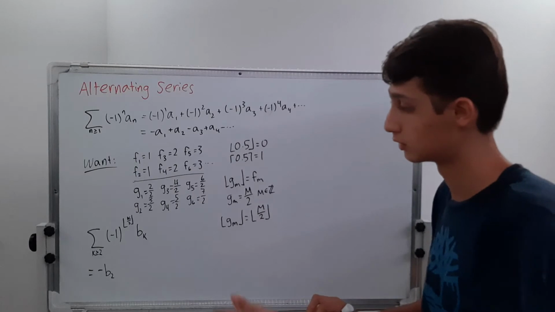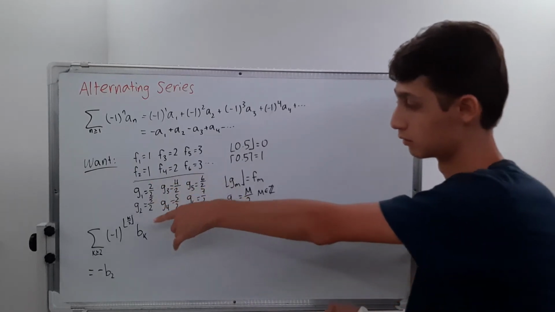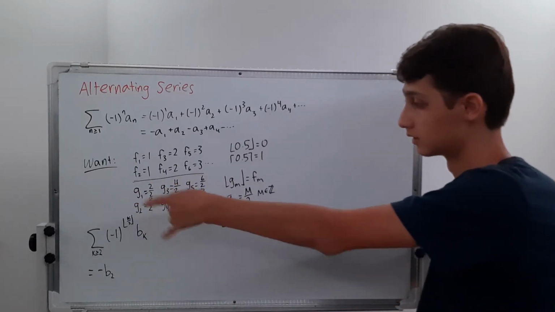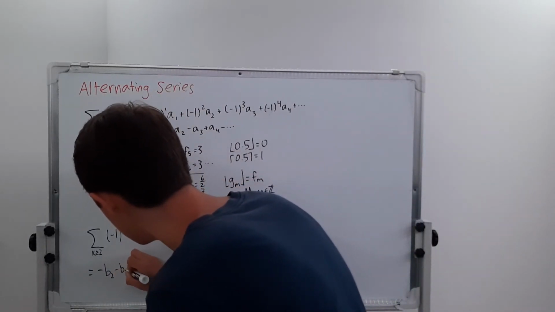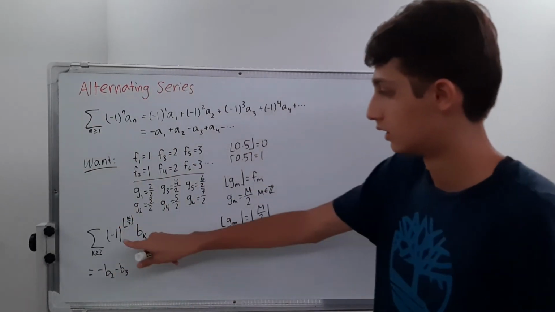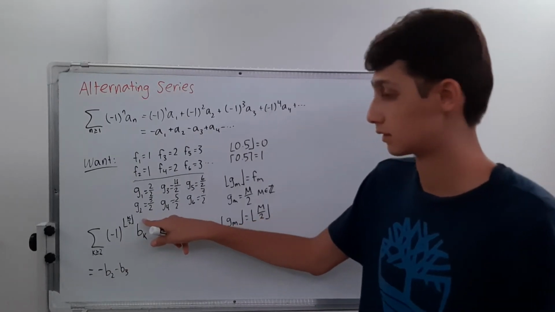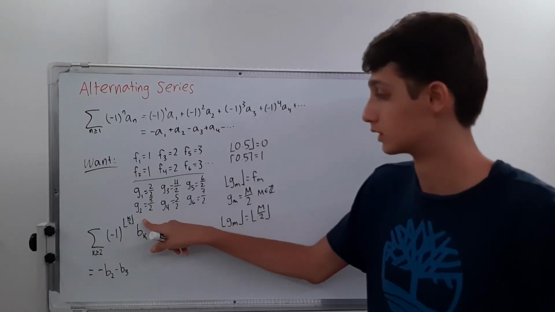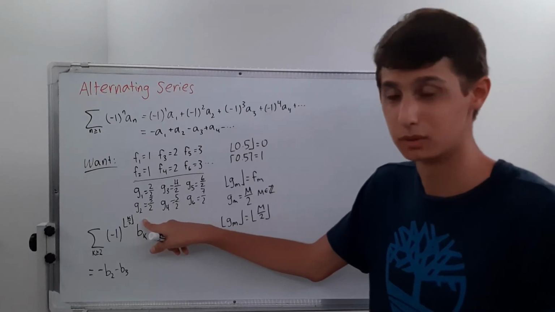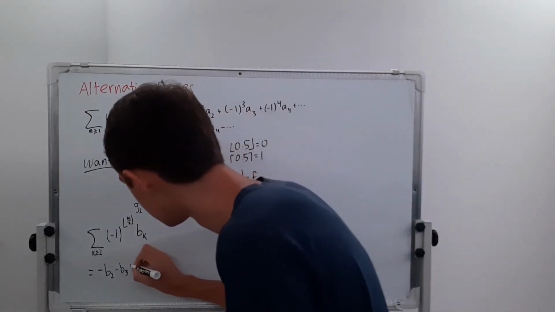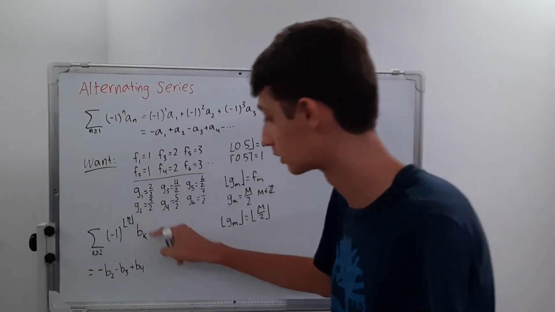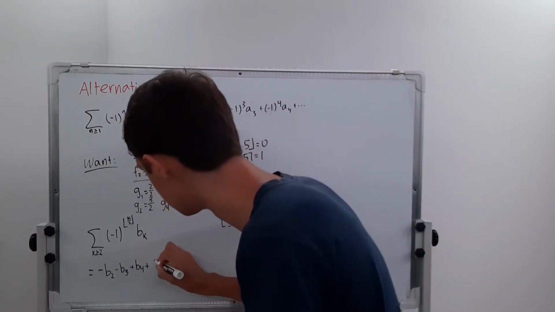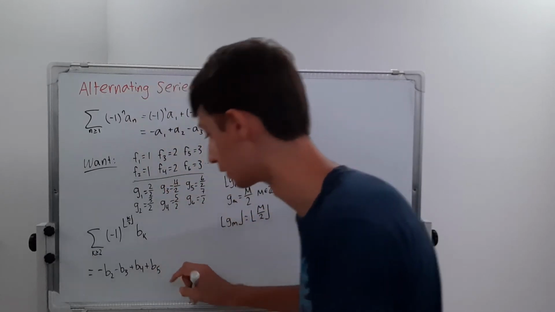So then, floor of 3 over 2 is still 1, so we're going to get minus b sub 3. Negative 1 to the floor of 4 over 2, which is floor of 2, which is 2, so negative 1 squared is going to give us a positive b sub 4. 5 over 2, floor of that is also 2, so this is also going to be a positive b sub 5.